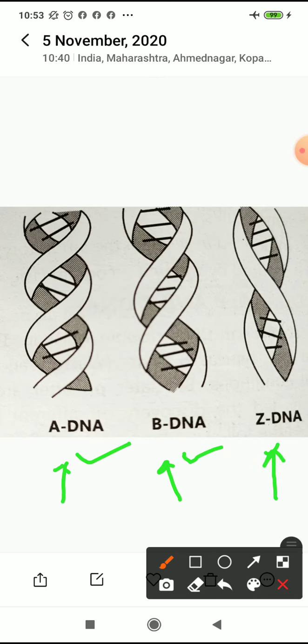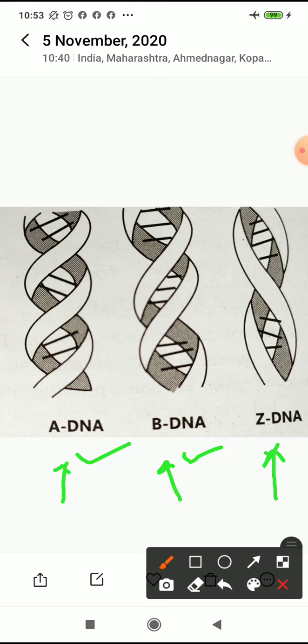Now, Z form of DNA. It is a radically different duplex structure with two strands coiling in left-handed helices and forms a zigzag pattern in the phosphodiester backbone.